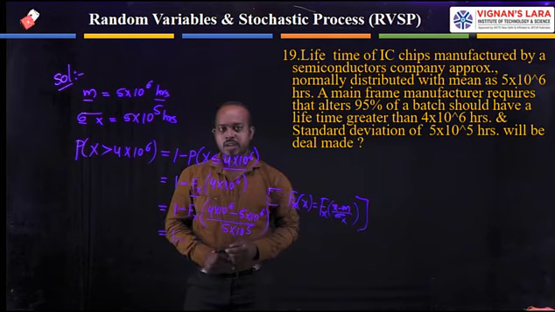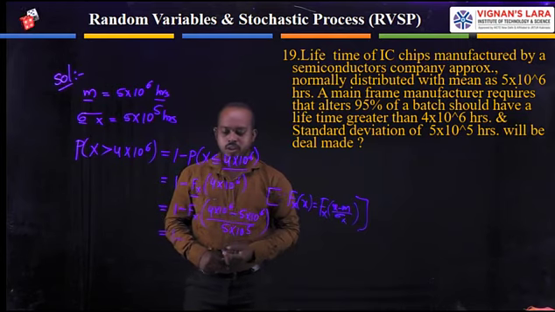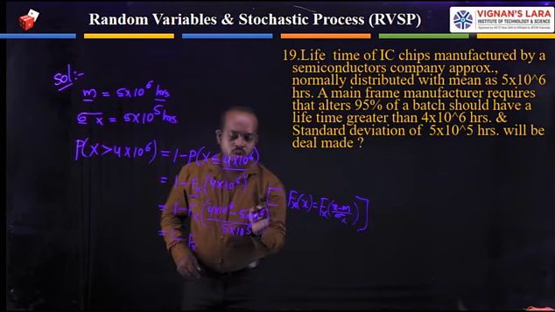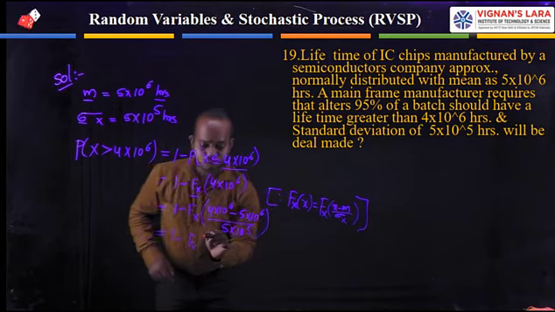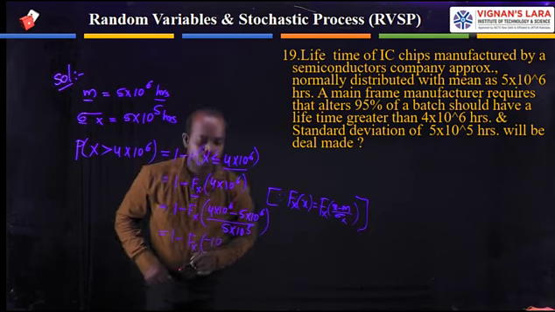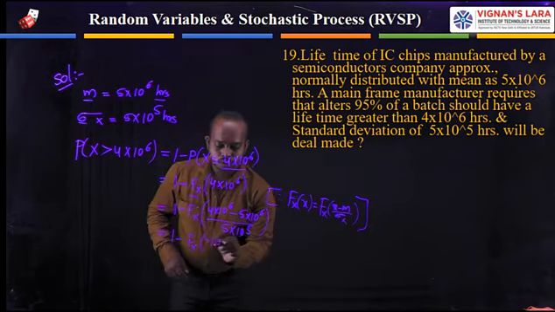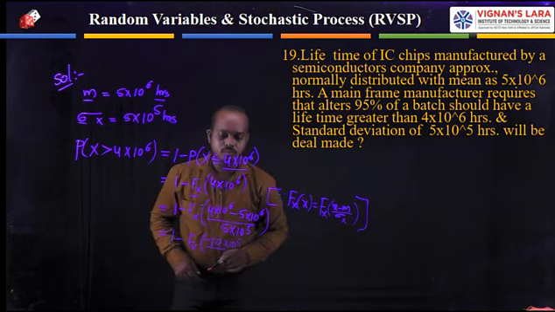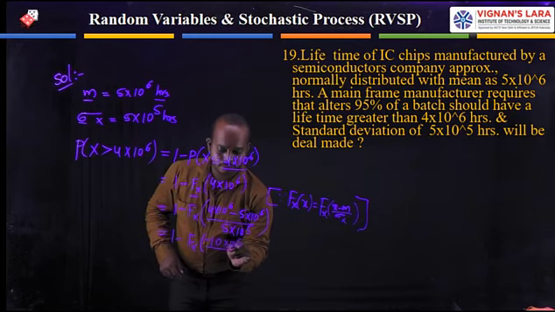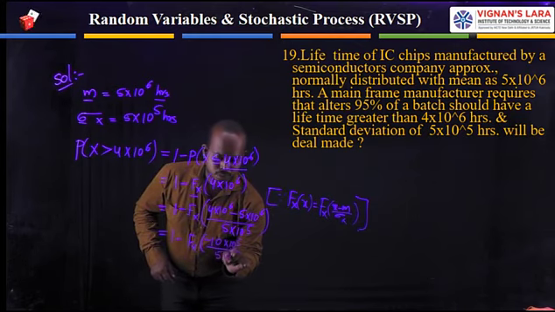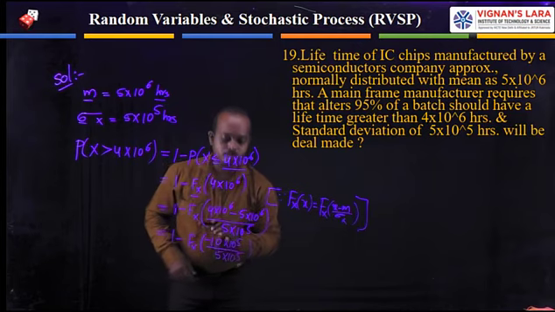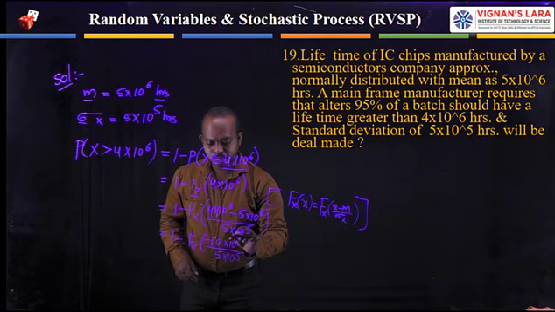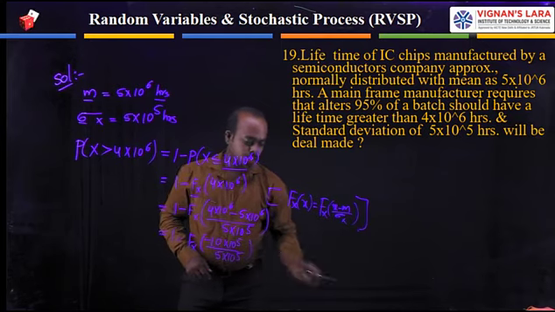The negative quantity is higher, so you can write F of minus 1 into 10 power 6, which is minus 10 into 10 power 5, divided by, in the denominator, 5 into 10 power 5. Now you can cancel the numerator and denominator terms: 10 power 5 and 10 power 5 both cancel.